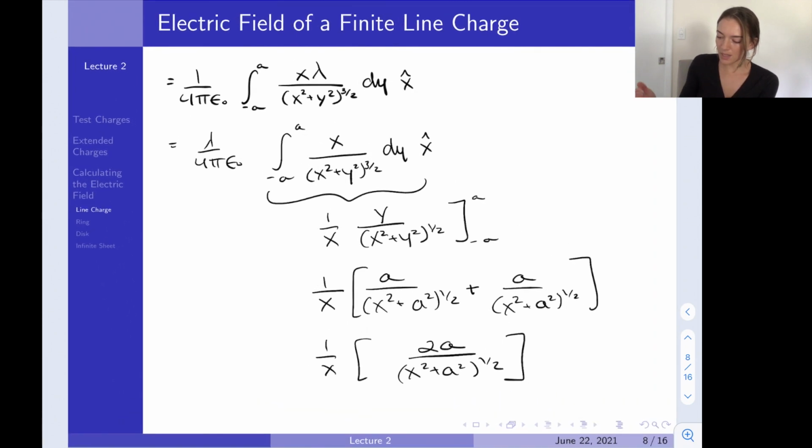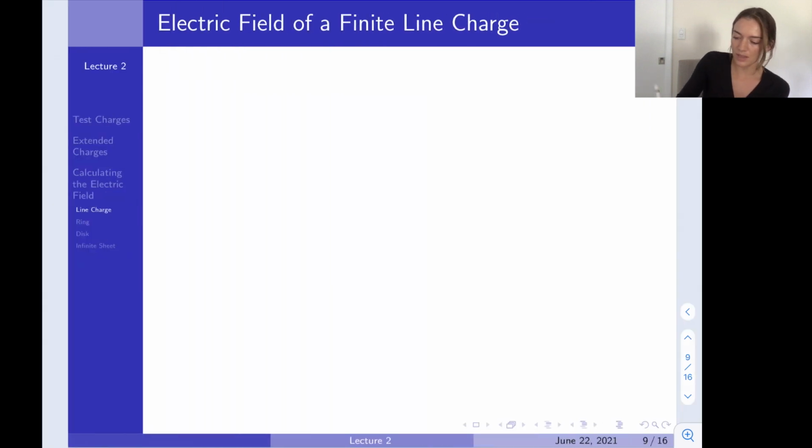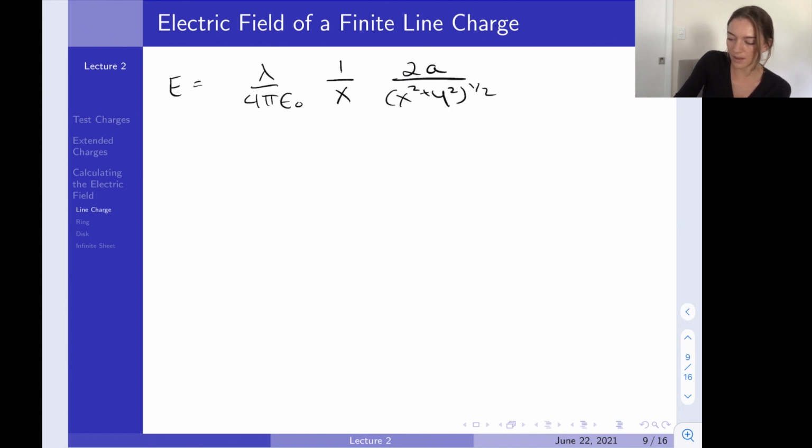Okay, so now we can just rewrite our final answer. So remember we had lambda over 4 pi epsilon naught. So let me just rewrite that. We had the electric field was lambda over 4 pi epsilon naught, and then we had a 1 over x. We had a 2a over x squared plus y squared to the 1/2, and this was all in the x direction.